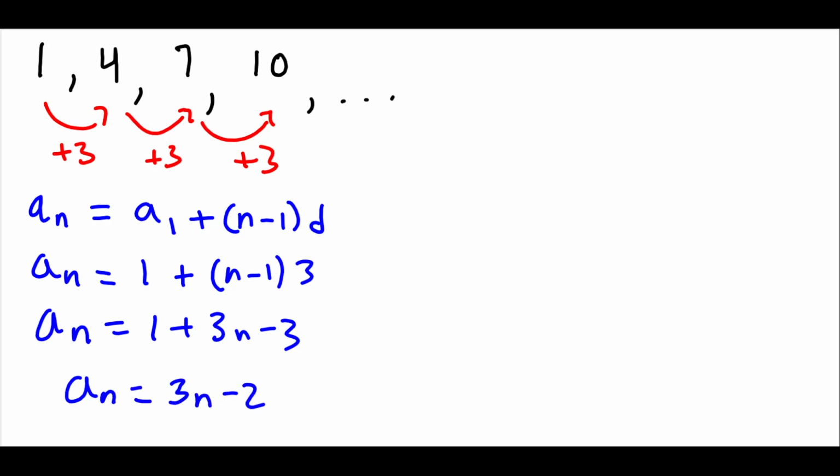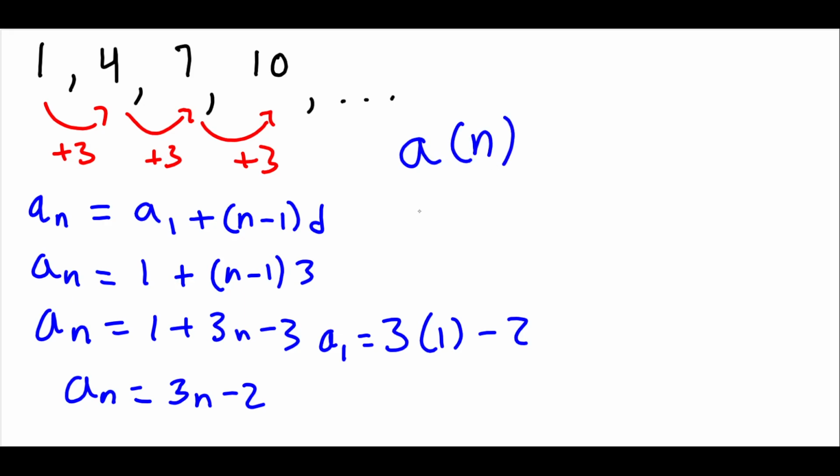Now how can we check if it works? Let's plug in 1 for n. We get 3 times 1 minus 2. You can think of this as function notation, a of n. So we plug in 1 and we get a sub 1, our first term, which equals 1.